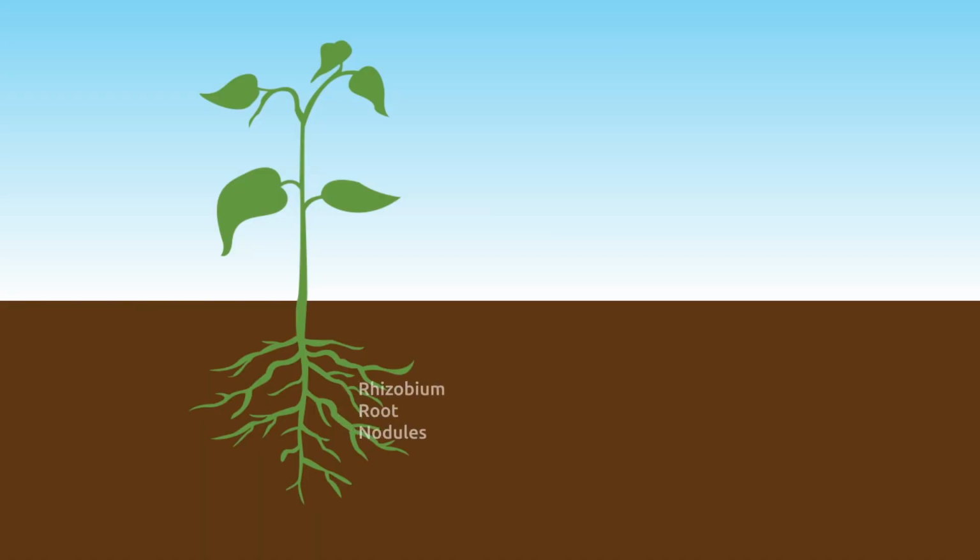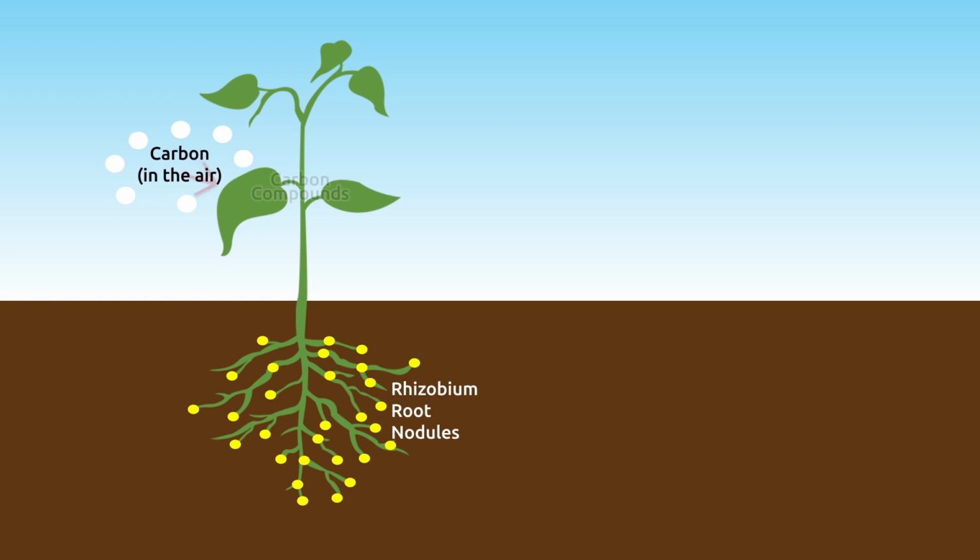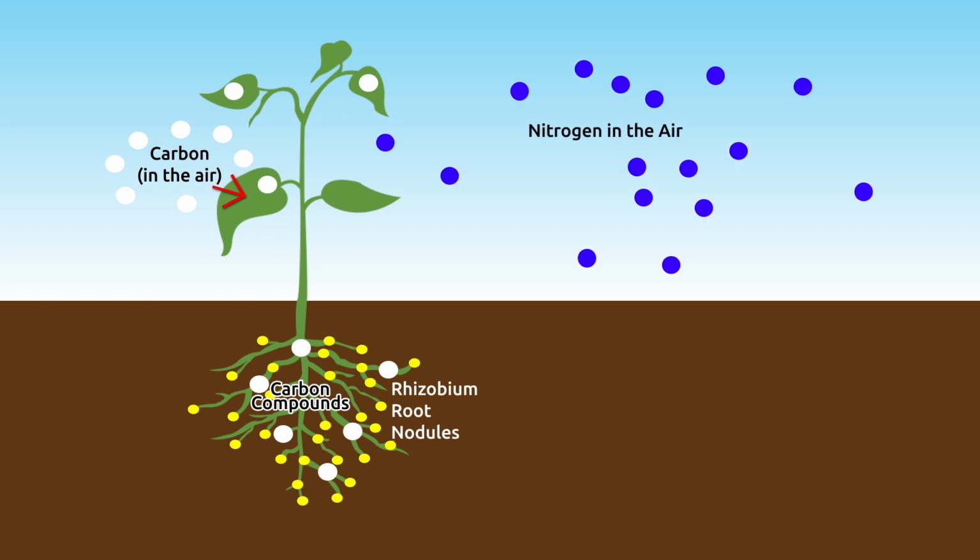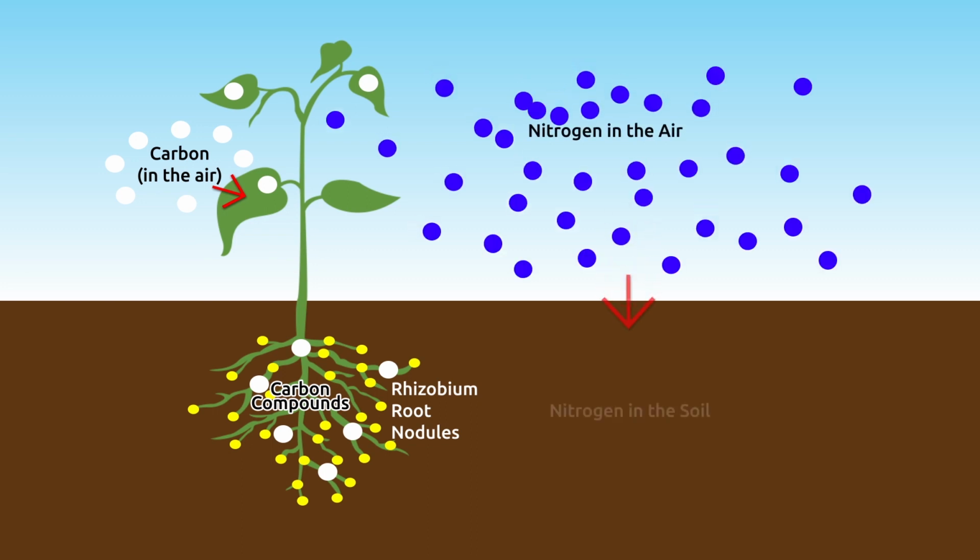And so you have the ones that we normally discuss, which is the nitrogen fixation symbiotic relationship, where you have the rhizobium root nodules on the plant's root system, and the plants are providing carbon for the bacteria that's on the roots, and the roots are fixating nitrogen from the atmosphere.